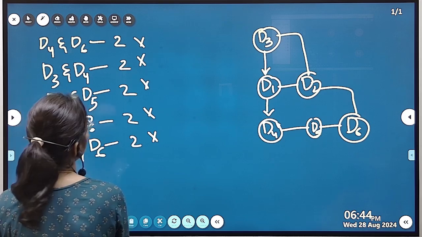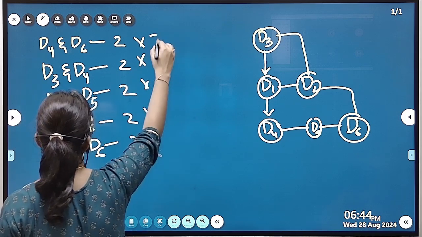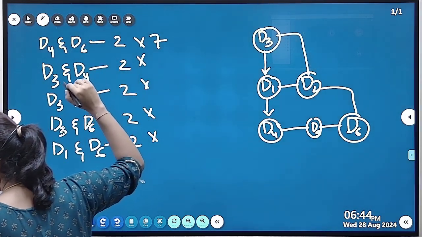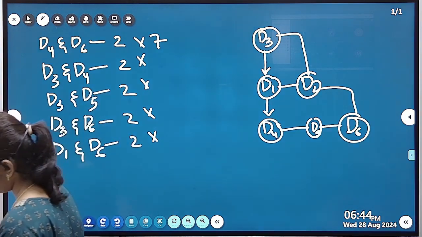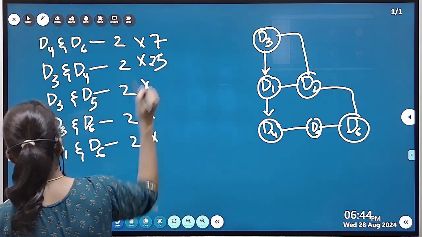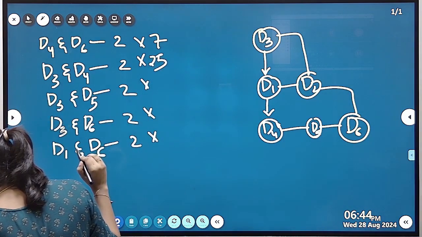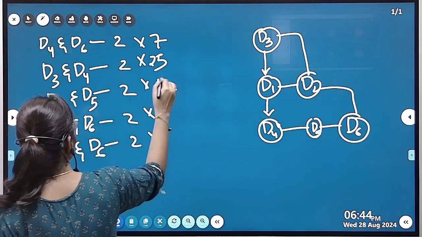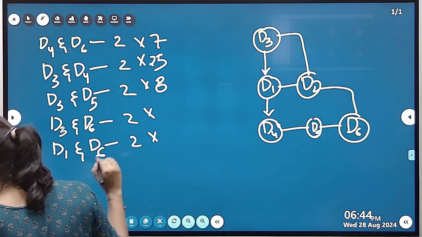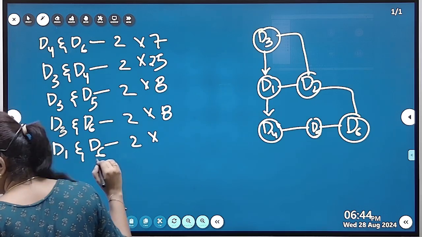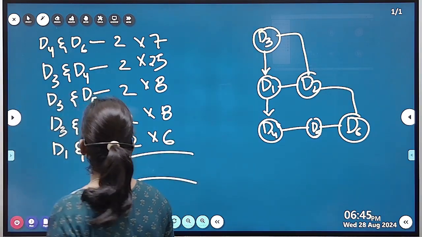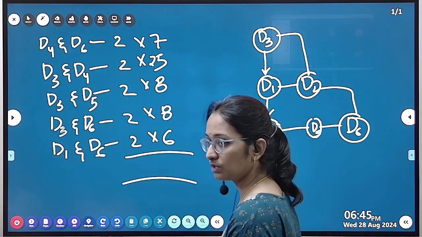D1 and D6, how much is the value? 7. Next. 25. Next D3 and D5, 8. Next D3 and D6, 8. Next D1 and D6, 6. So tell me the full value, so I'll get the total distance load.